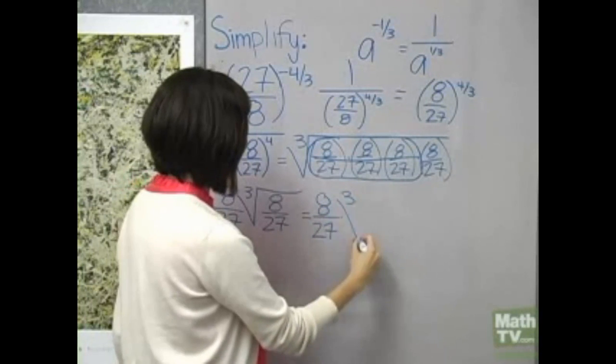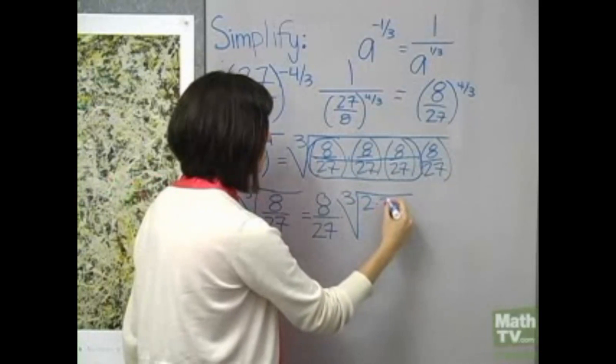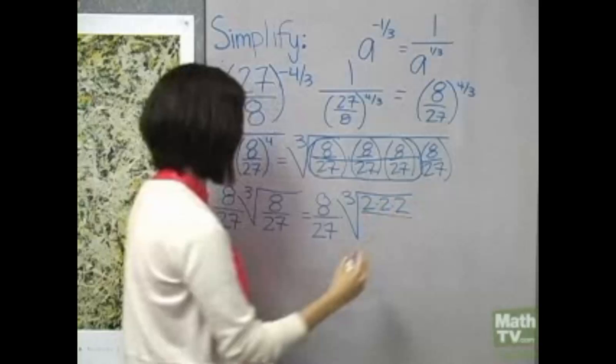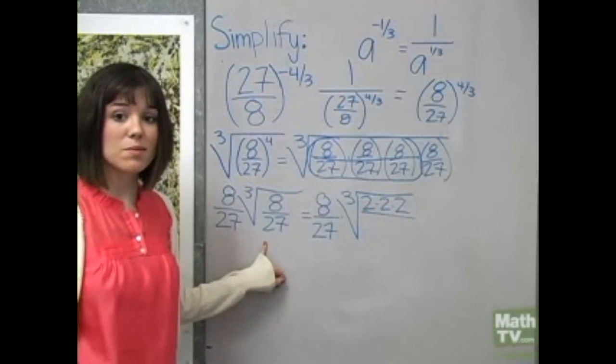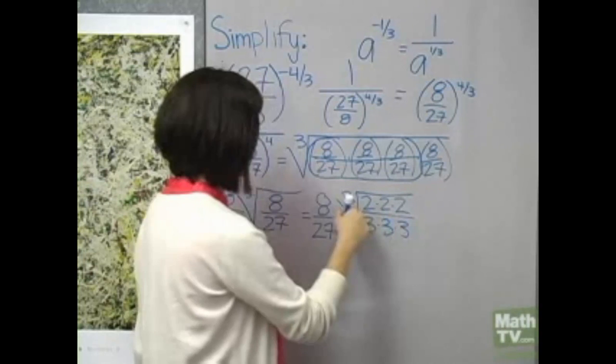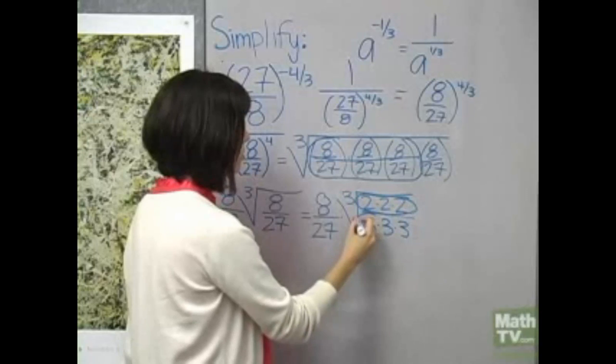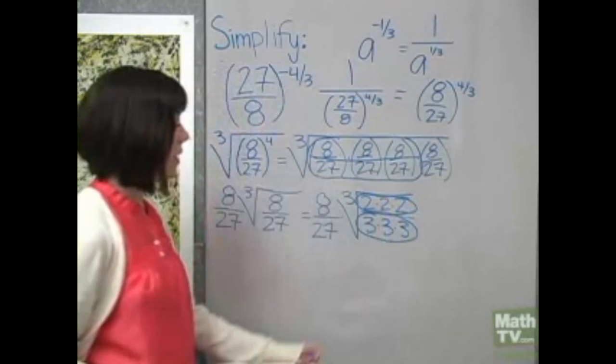times the cube root of, well, 8 is equal to 2 times 2 times 2, and 27 is equal to 3 times 3 times 3. Since I'm taking the cube root, I have a group of 3 2's right here and a group of 3 3's right there, so I can pull those out.